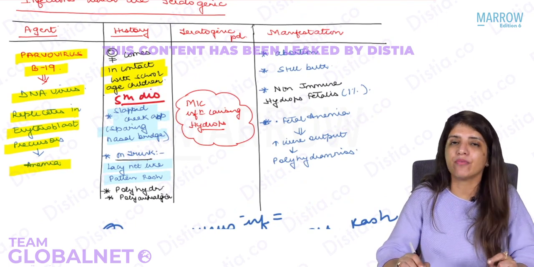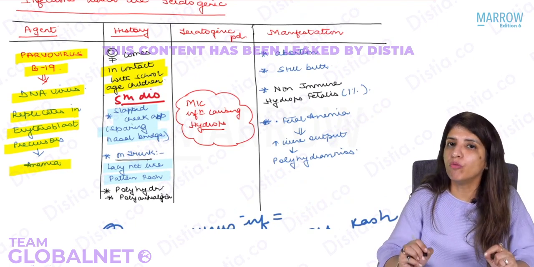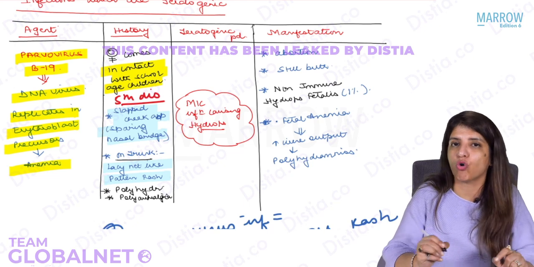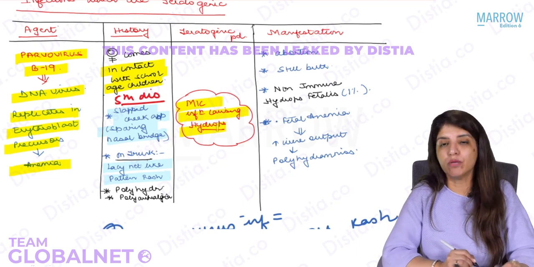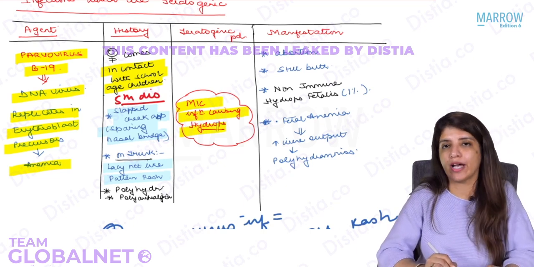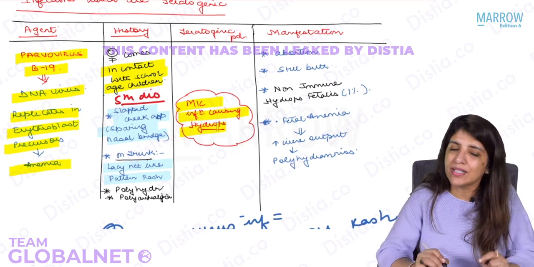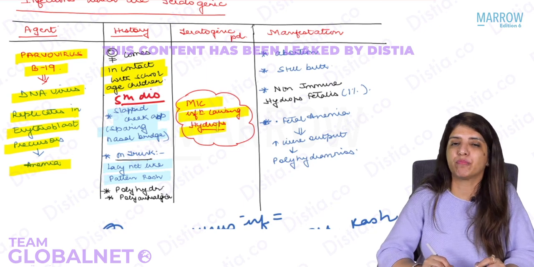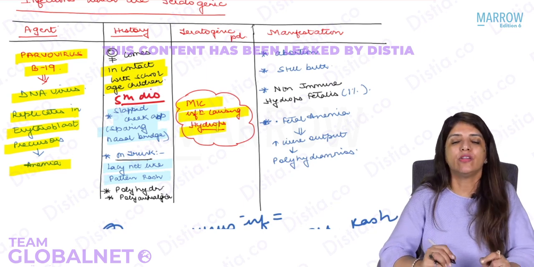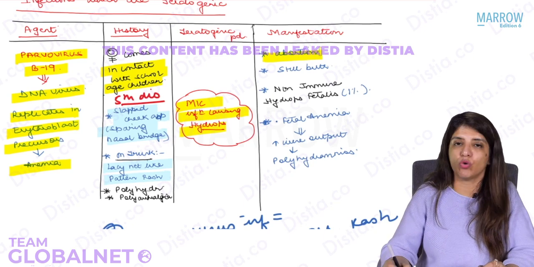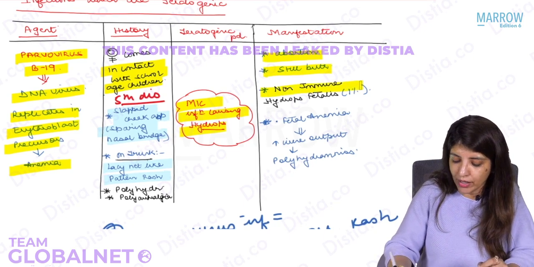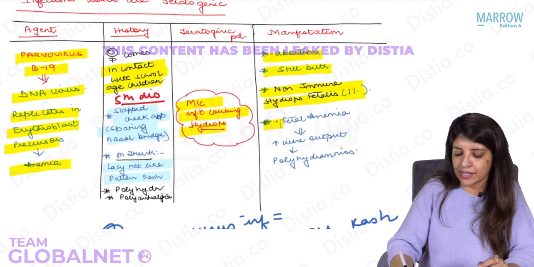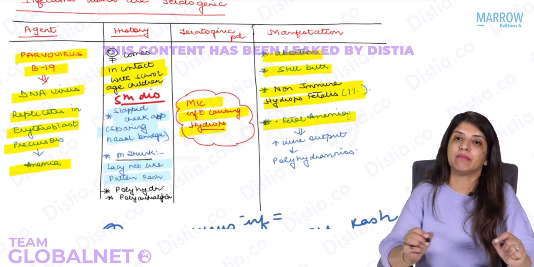Now, parvovirus B19 infection is the most common infectious cause for hydrops fetalis. So, once a mother has got parvovirus B19 infection, then the fetus, it can lead to abortions, it can lead to stillbirth, it can lead to non-immune hydrops fetalis, it can lead to fetal anemias.